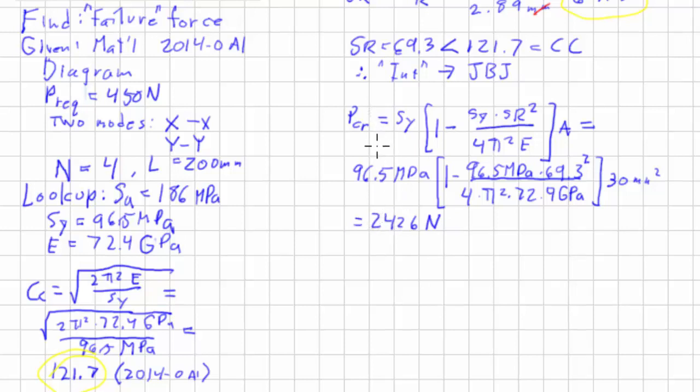Since that's a critical load, and that load has to be at least 4 times what we actually want to put onto the can, we need to take this and divide it by 4. So we find our allowable load is the critical load over n, and that's 2426 divided by 4, and our allowable load ends up being 806 newtons.